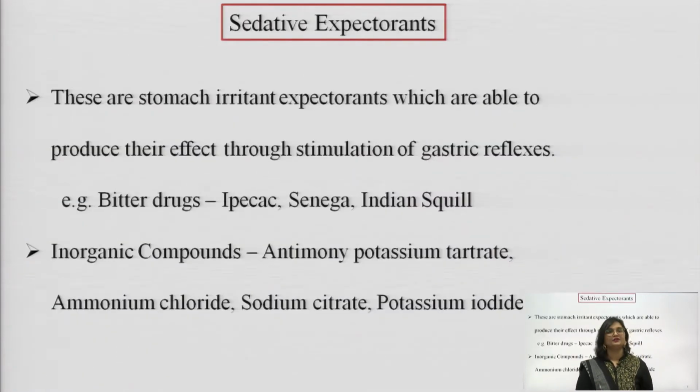Moving on further, now we will be discussing sedative expectorants in detail. Sedative expectorants act on the gastric reflex. These are stomach irritant expectorants, which are able to produce their effect through stimulating the gastric reflexes.